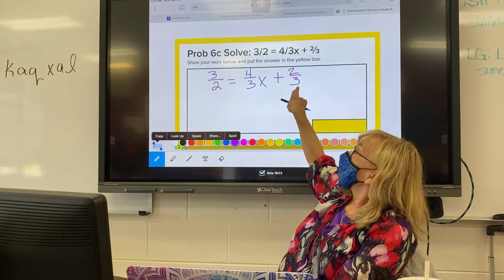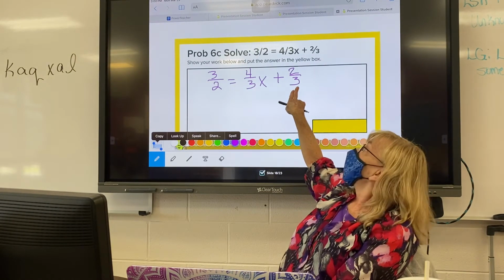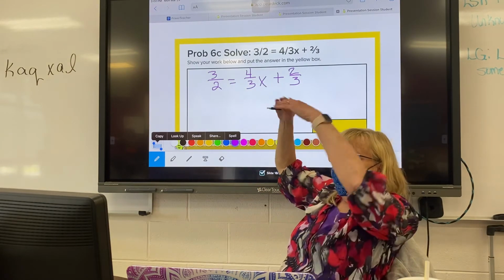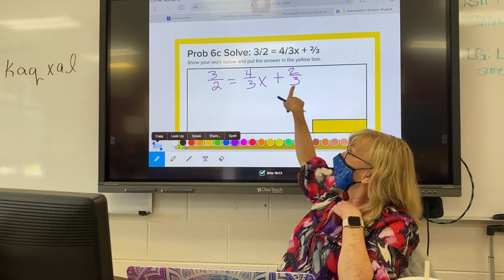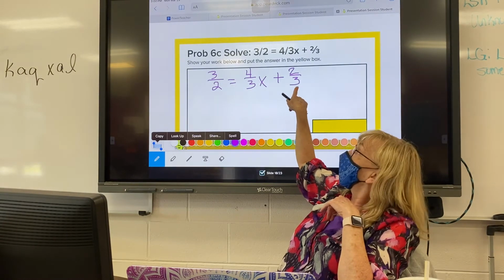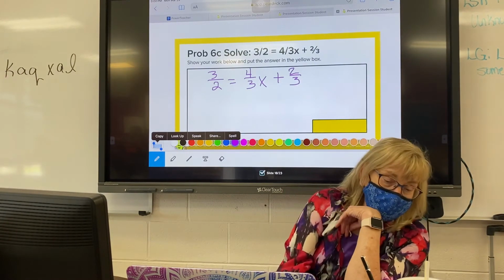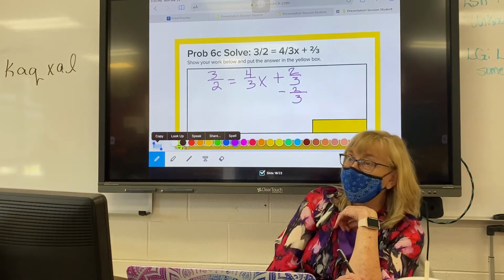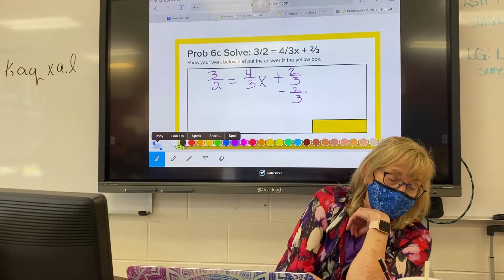No, what's sitting there with it? 2/3 is hanging with him, right? If you think of that hanger diagram, that needs to go away before we can solve for 1x. So how do we make 2/3 go away? Subtract 2/3, right? Yes. All right.